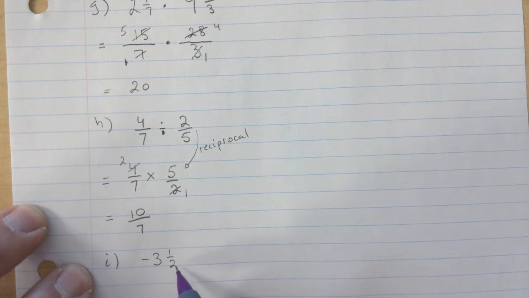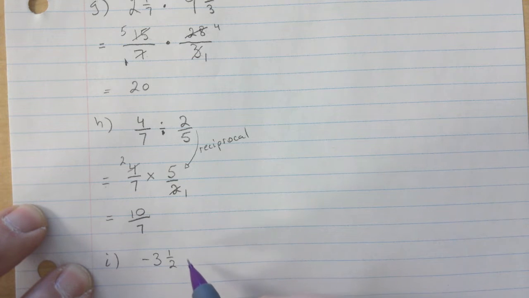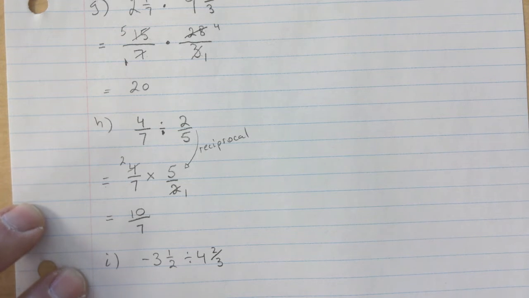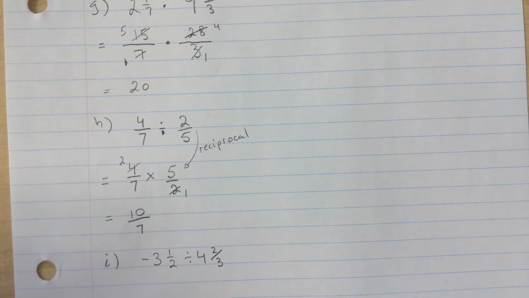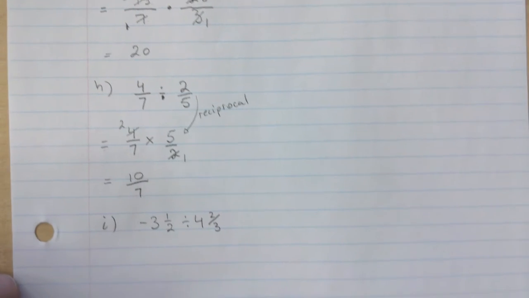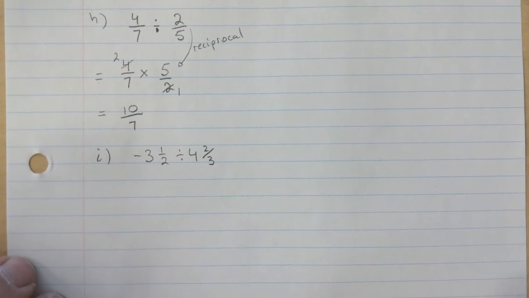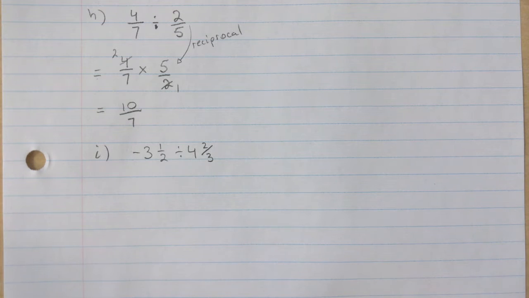Negative 3 1/2 divided by 4 and 2/3. So we're going to leave some room there. Give that one a try, okay, on your own. Pause here for a bit.